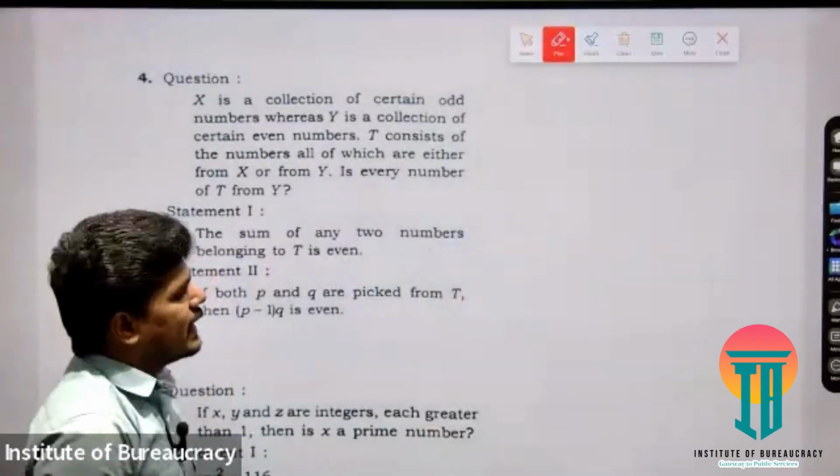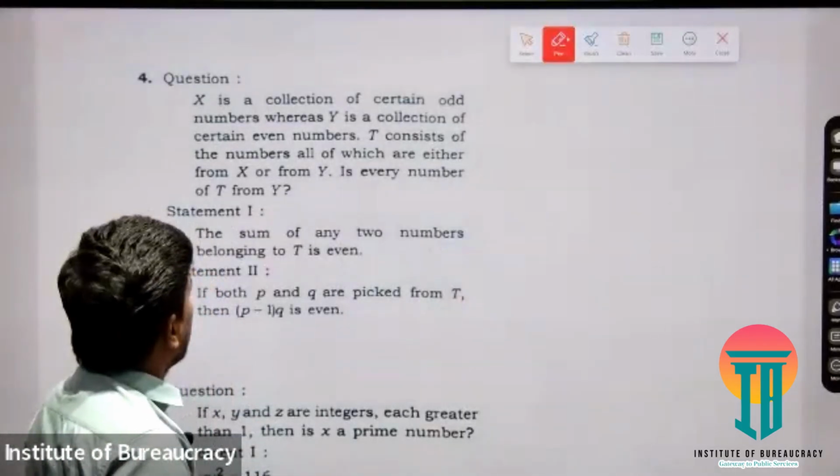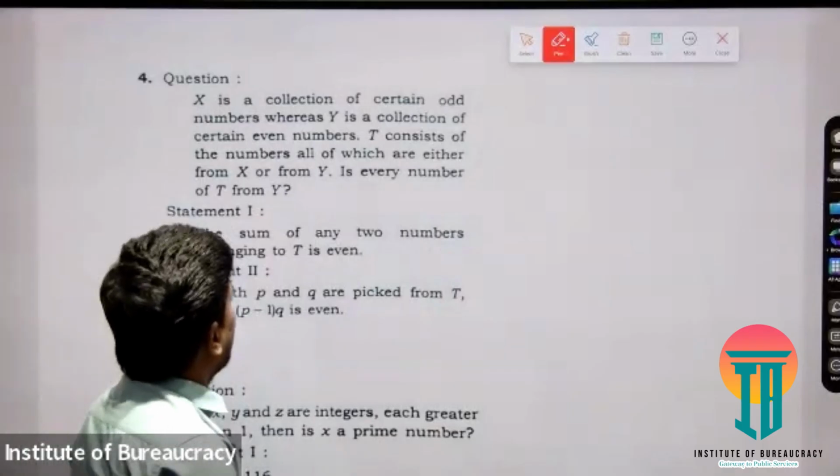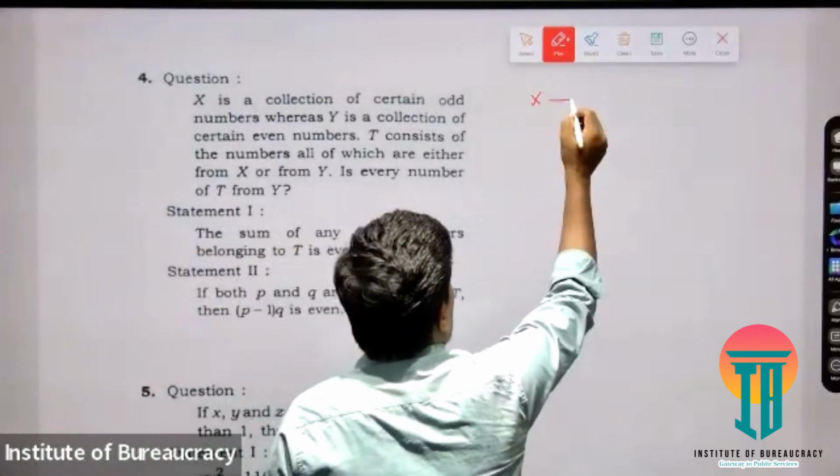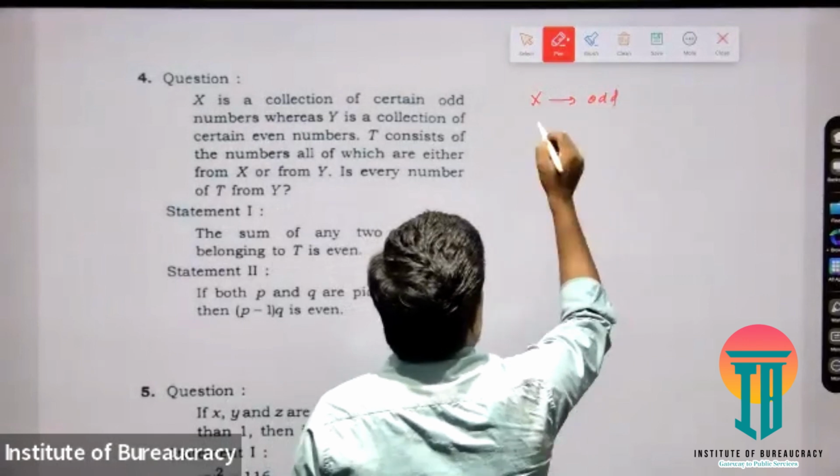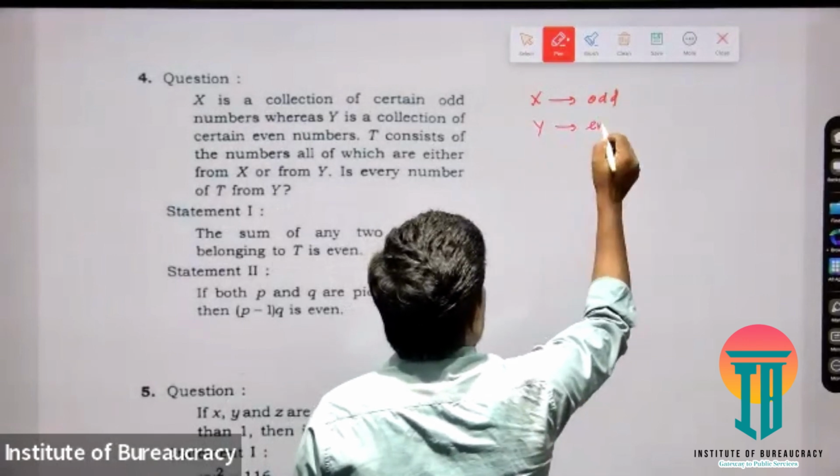X is a collection of certain odd numbers, whereas Y is a collection of certain even numbers. So X is having a collection of odd numbers, Y is having a collection of even numbers.